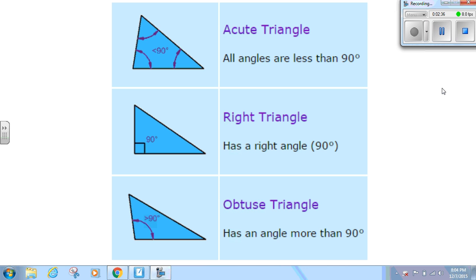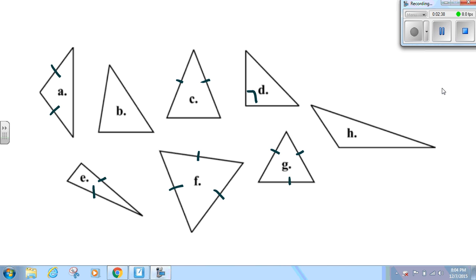Okay, so now we're going to take a look back at this picture and decide which types of triangles these are. So in A, I can see that I have an isosceles triangle based on the tick marks, and because this angle here is actually obtuse, just slightly over 90 degrees, I can see that this would be an obtuse isosceles triangle.